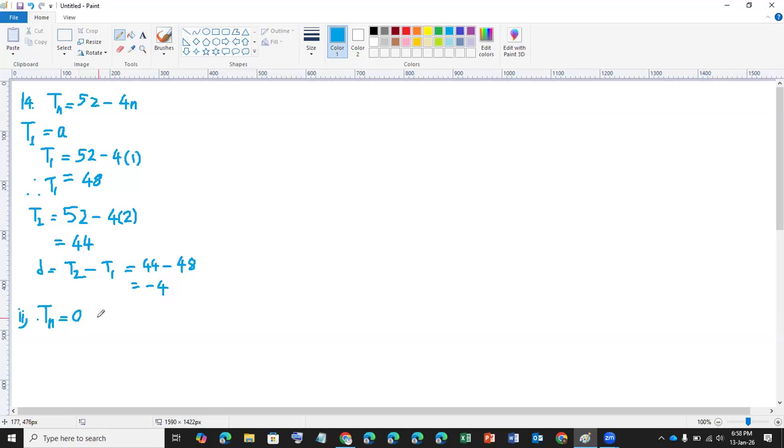So we're simply going to equate 52 minus 4n to 0 and solve for n. That's just it. So that will help us to find what value of n will make this whole thing equal to 0. So let's hit the road.